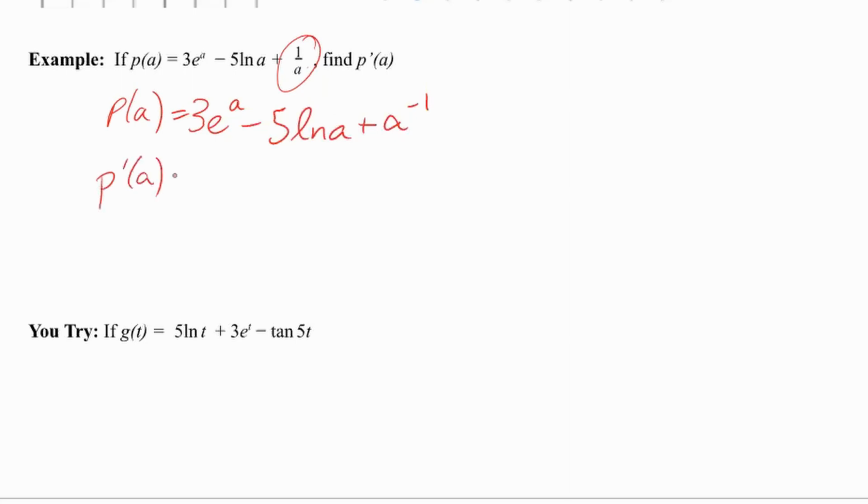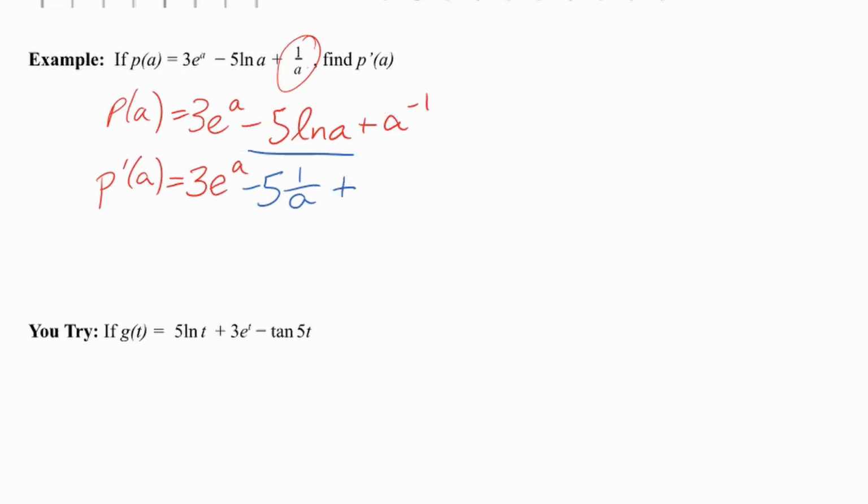P prime of a equals, remember that constant we can just pull out. e to the x, or e to the a, just stays the same. That negative 5 we can just pull out, constant multiple rule. The derivative of ln of a is 1 over a, plus the derivative of a to the negative 1. We're going to bring down that negative sign.